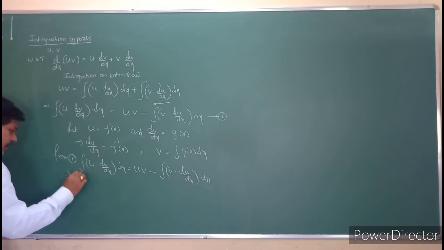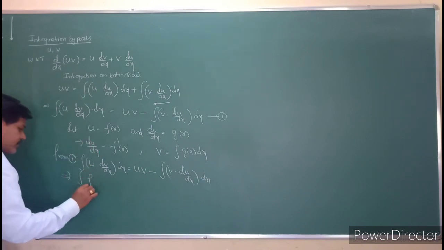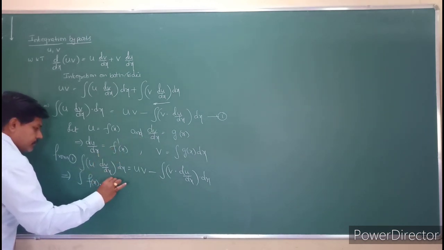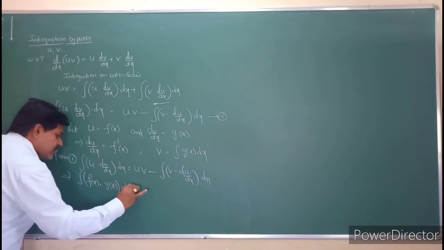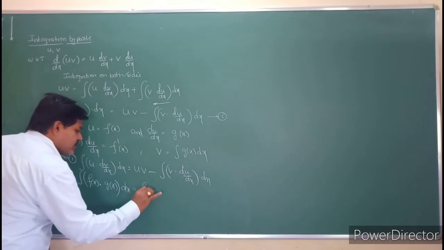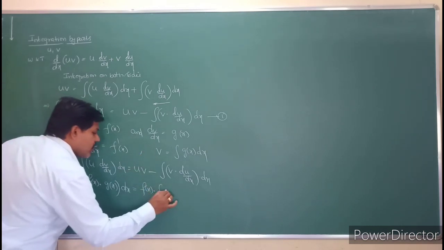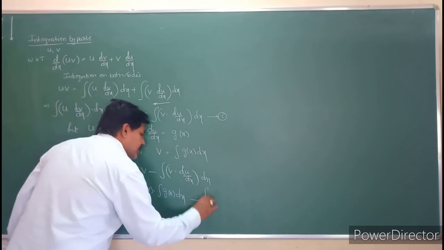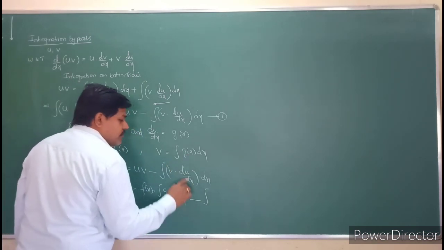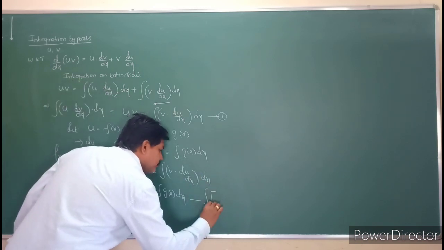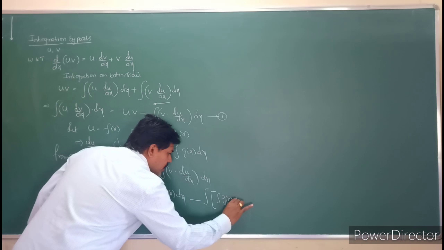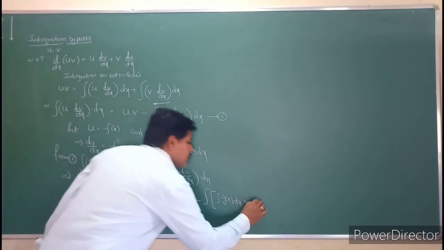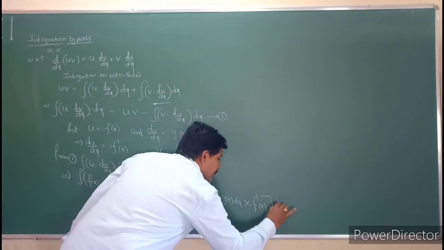So the integral of u, which is f of x, into dv by dx, which is g of x, into dx is equal to u, which is f of x, into v, which is the integral of g of x into dx, minus the integral of v, which is the integral of g of x into dx, into du by dx, which is f dash of x, into dx.